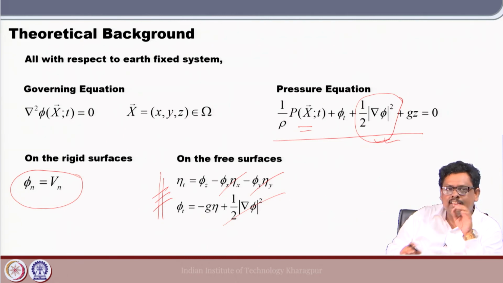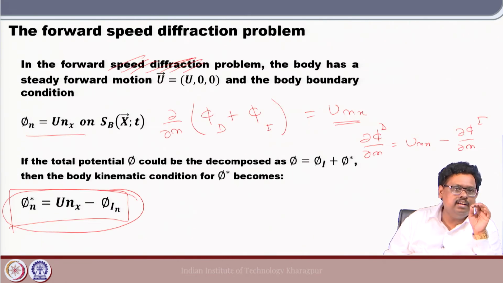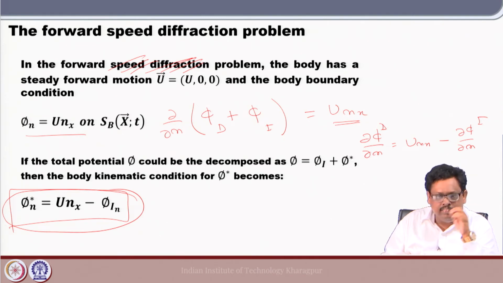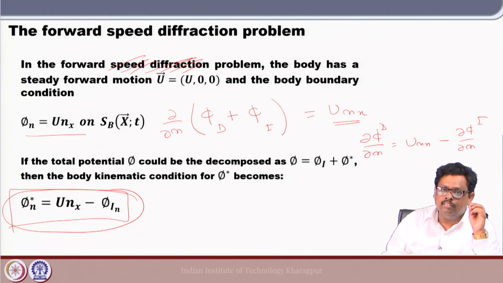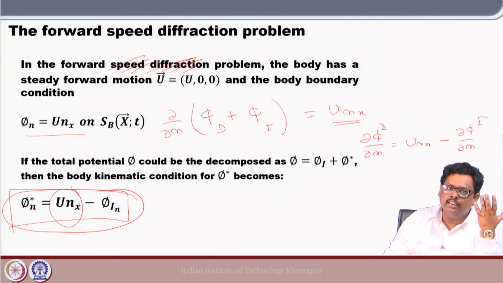What I am doing is slowly showing you how to change the boundary condition a little bit, and you can find all sorts of problems. You can find out the wave resistance problem, you can find out the forward speed diffraction problem, right. In case of a 0 speed problem also it is easy, because if you just drop this term, because u equal to 0, you will get the 0 speed diffraction problem, right. Okay.